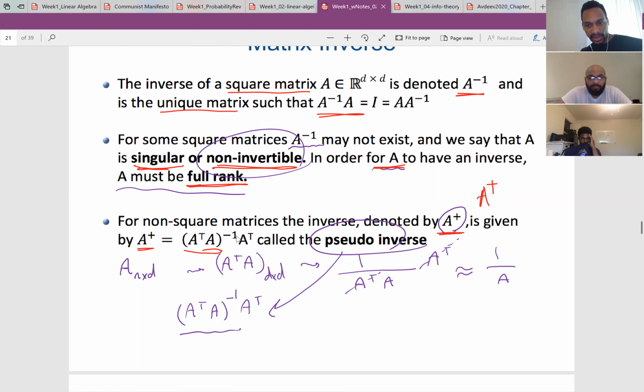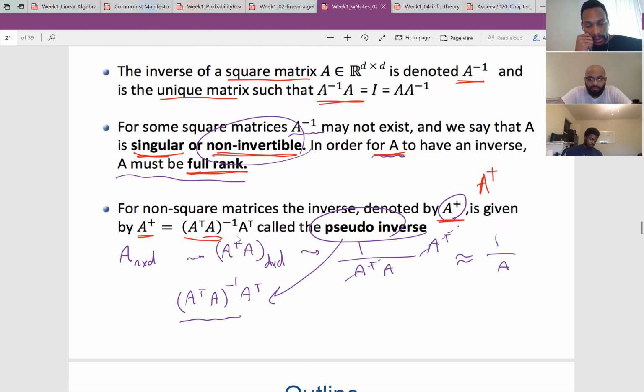And let's see, there's some math here. There are some ways to derive this.